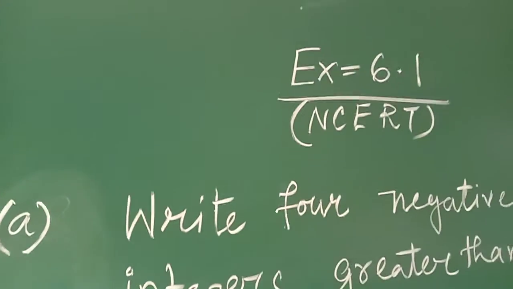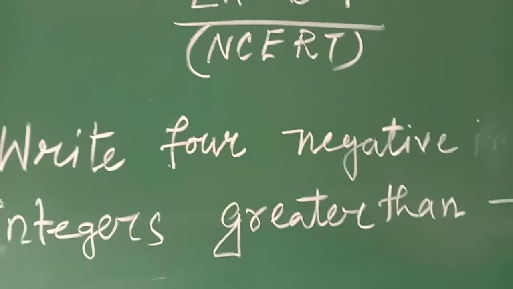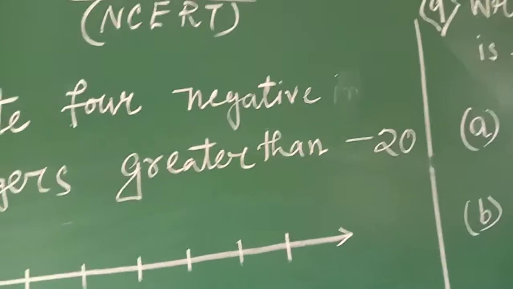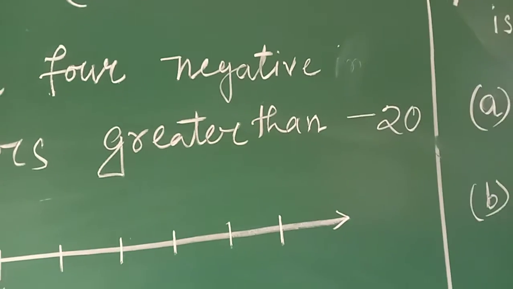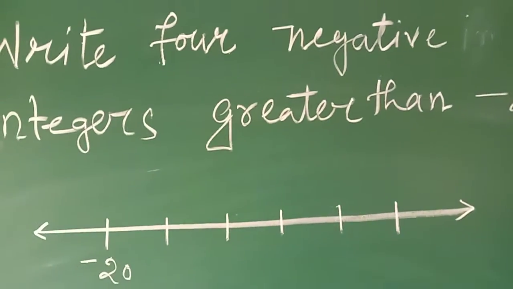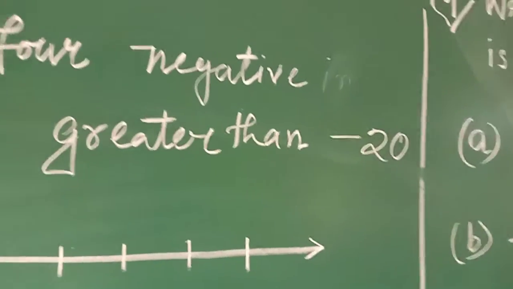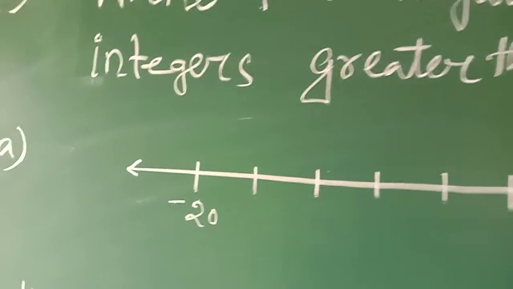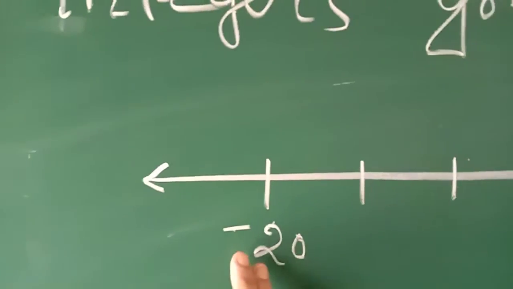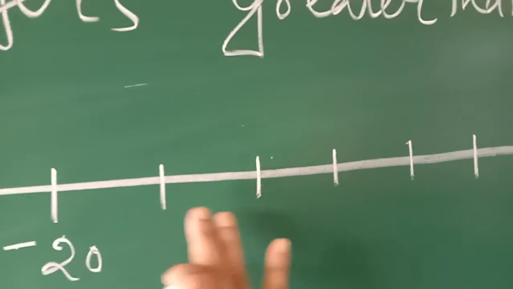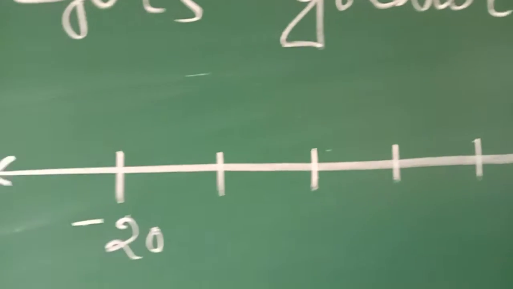Question number 8a, exercise 6.1 NCERT. Write 4 negative integers greater than minus 20. So minus 20, I am taking with the help of a number line.